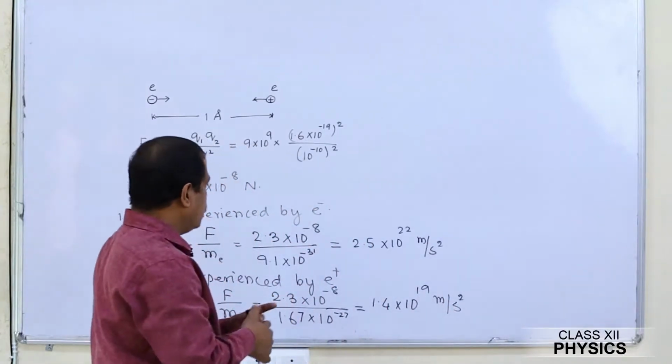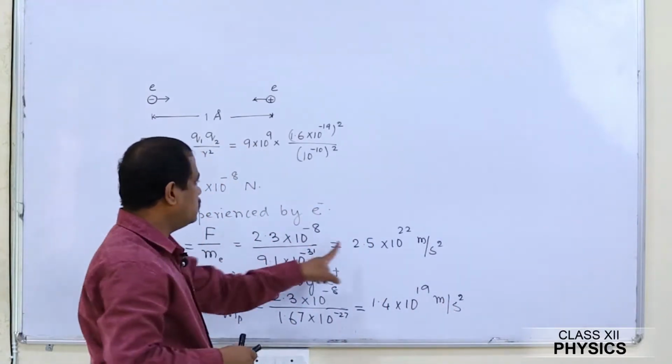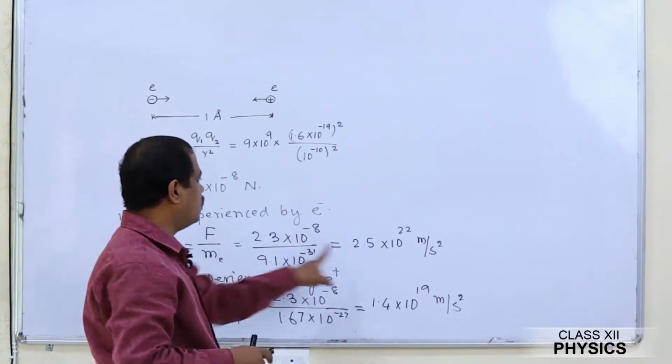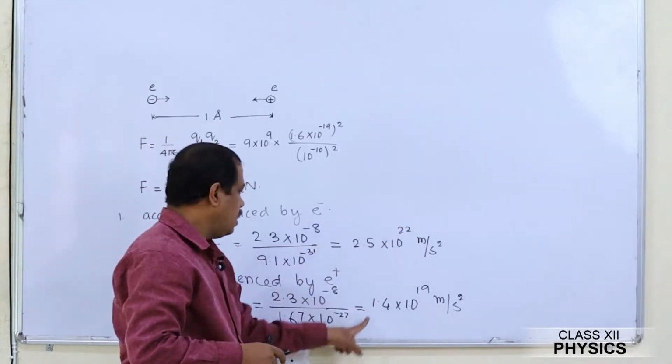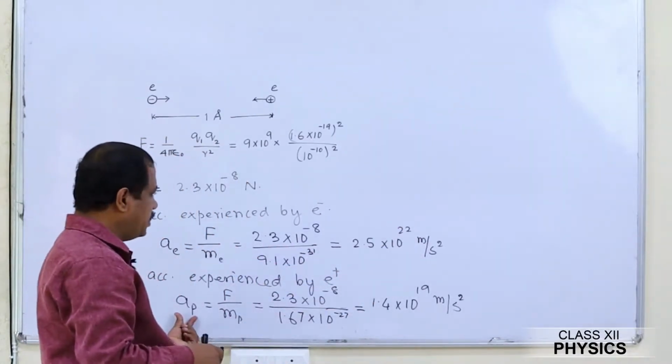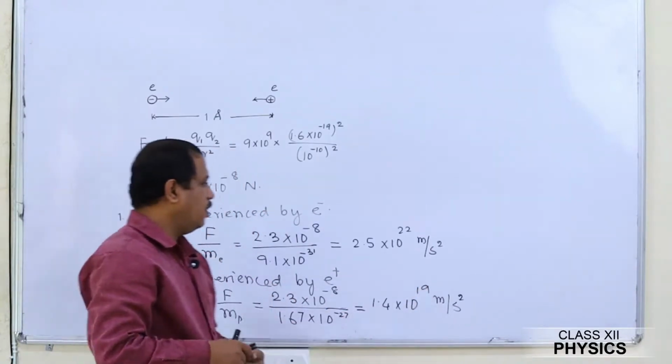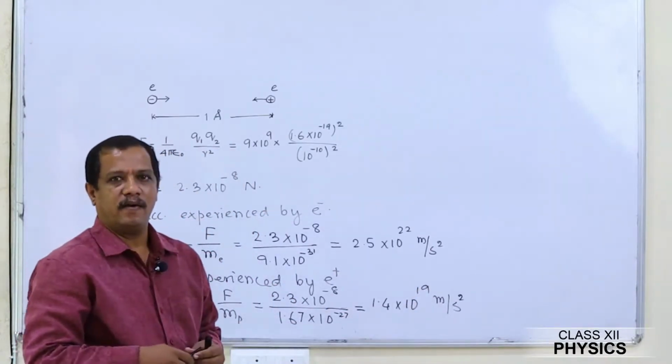So the acceleration experienced by the electron is 2.5 into 10 power 22, and the acceleration experienced by the proton is 1.4 into 10 power 19 meter per second square.